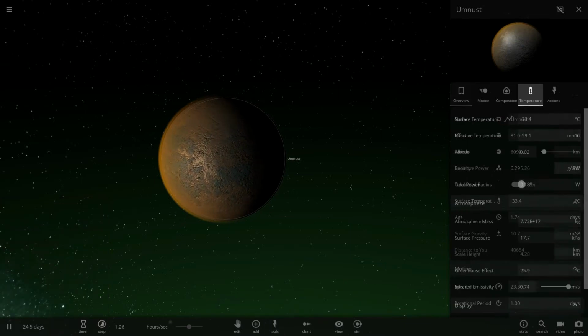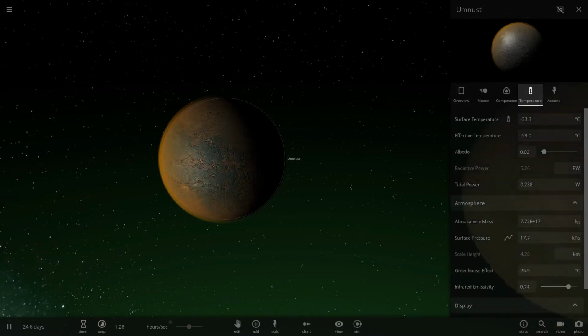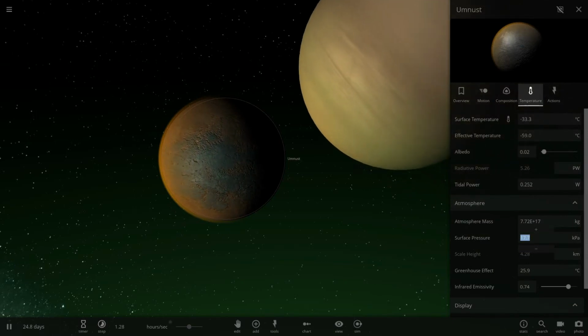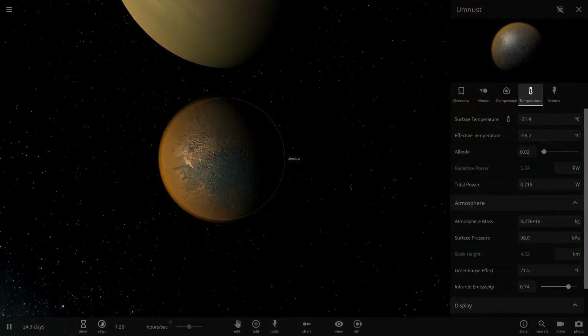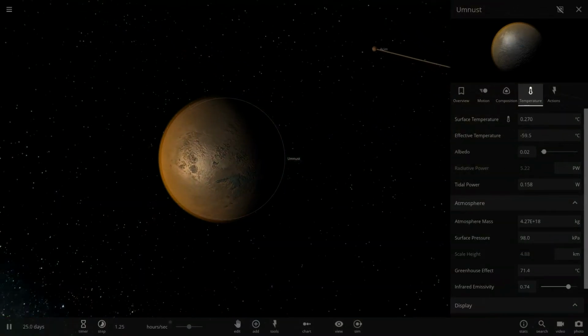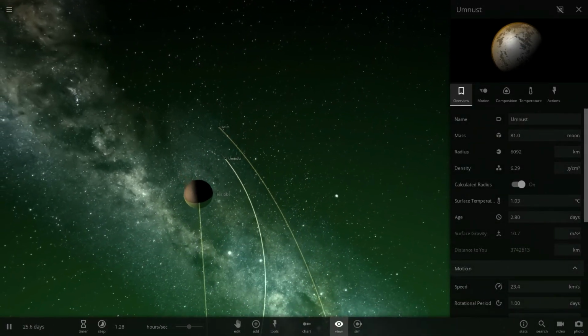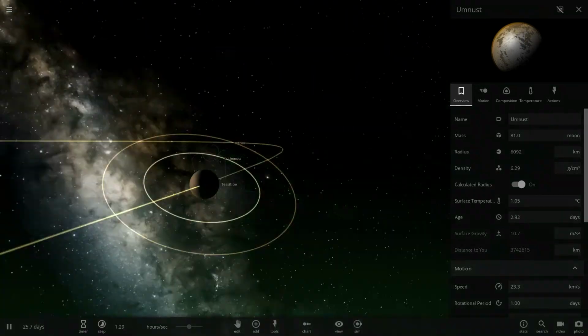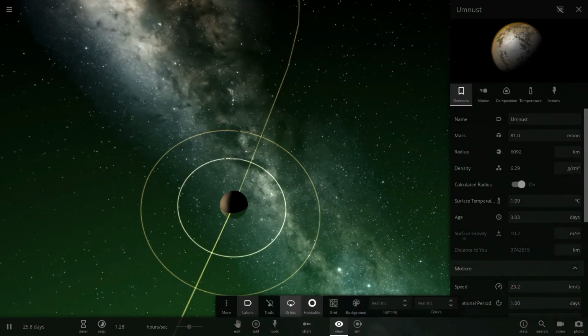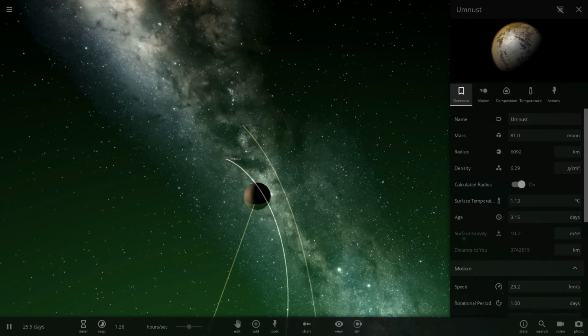How's its atmosphere doing? Oh wow, that's a very non-dense atmosphere. So its temperature is rising. So you could have a planet that orbits this orange dwarf that has water on its surface and life.